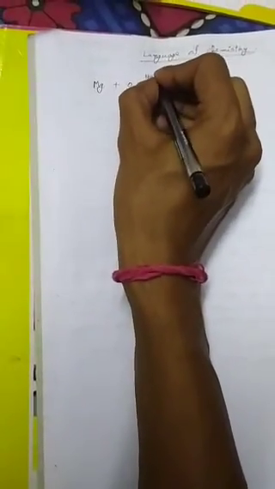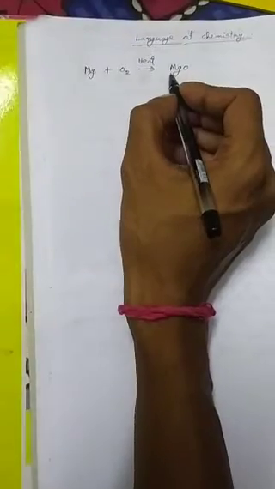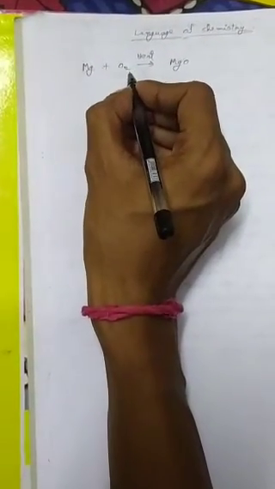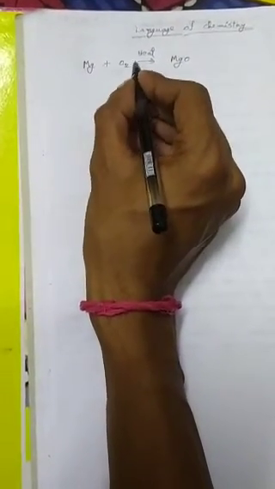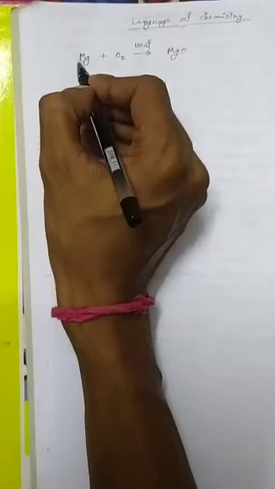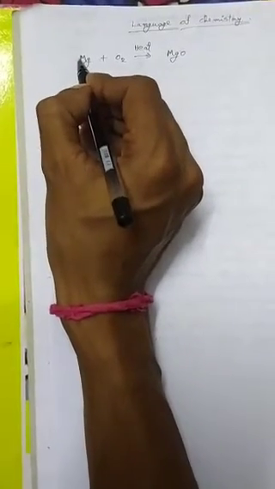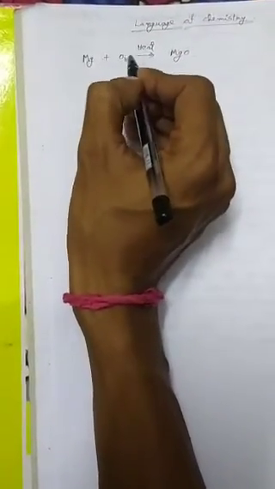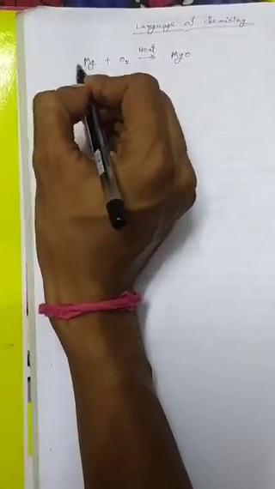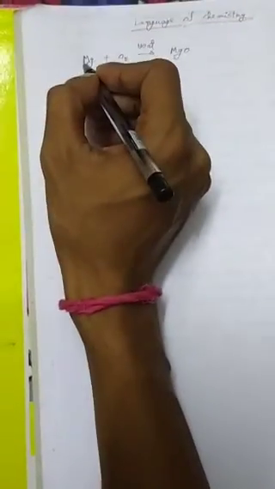Here you can see that two atoms of oxygen are present, and one atom of magnesium is present.